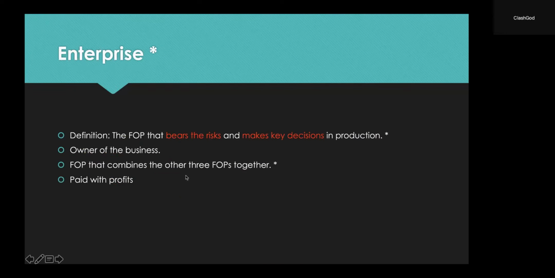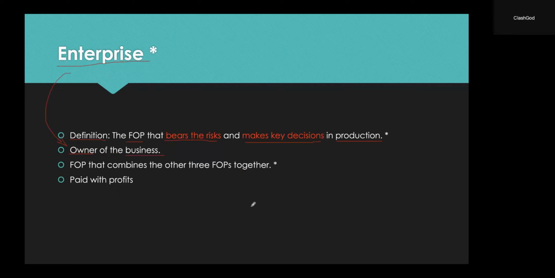Now the final one and a very interesting one is called enterprise. And the definition of the enterprise is two main parts. The first one is that it is the factor of production that bears the risk and makes key decisions in production. So an easier way to think about this is enterprise is the owner of a business. For example, you have Amazon, you have Tesla.